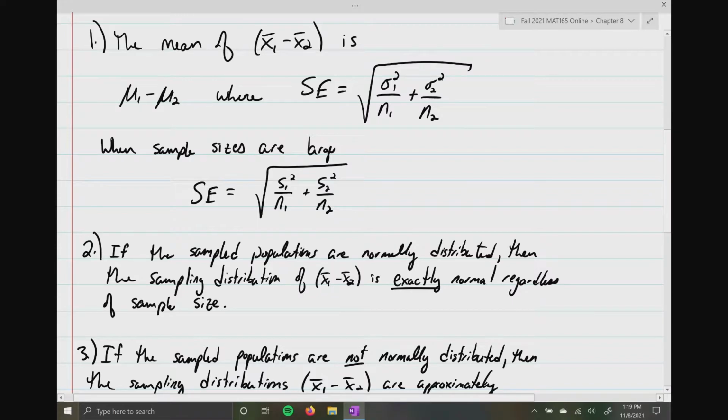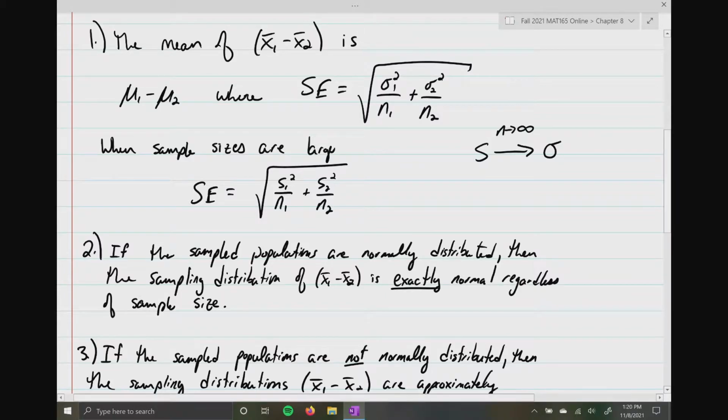Now, when the sample sizes are very large, remember, your sample standard deviation will approach your population standard deviation as n goes to infinity. So when you have really large sample sizes, the difference between the variances from the sample to the population decreases.